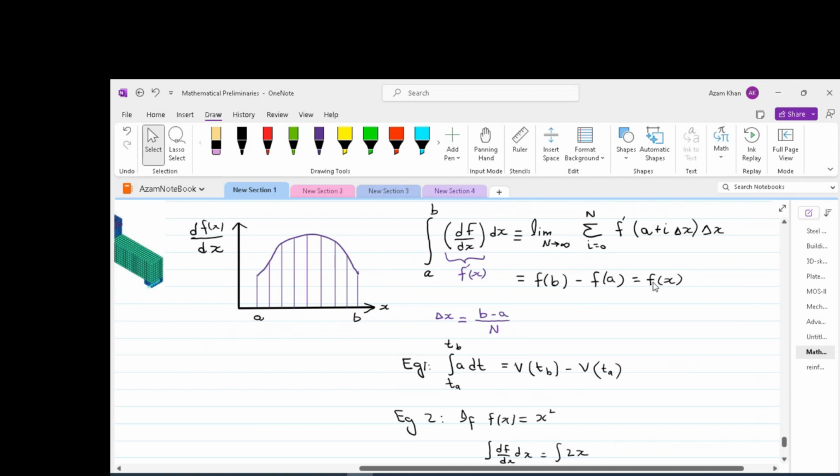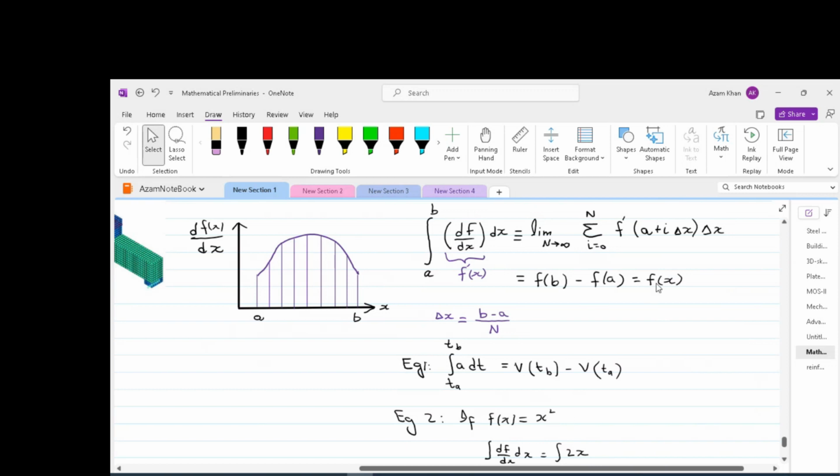Imagine we write this fundamental theorem of calculus as df by dx into dx is equal to f of x. I want to see which function x square is the integral of. In other words, what will be that function which I integrate and I would get x square.